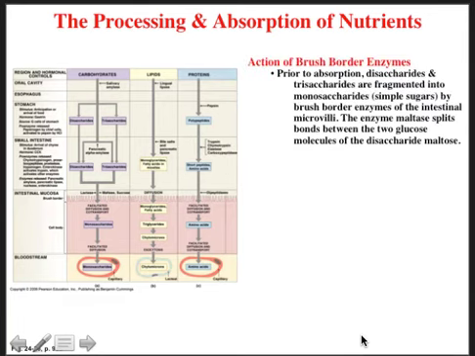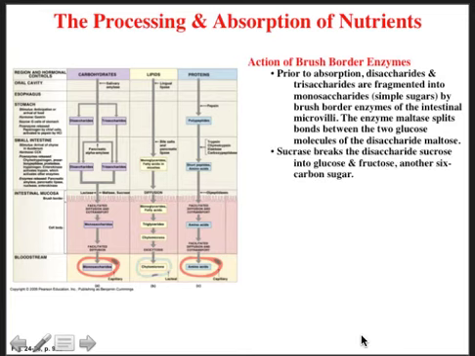Once we're in the small intestine, we can talk about what the brush border enzymes do. Prior to absorption, disaccharides and trisaccharides are fragmented into monosaccharides by brush border enzymes of the intestinal microvilli. The enzyme maltase splits bonds between the two glucose molecules of maltose, producing 2 molecules of glucose.